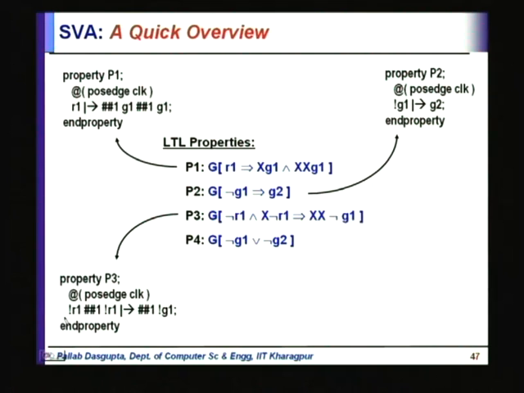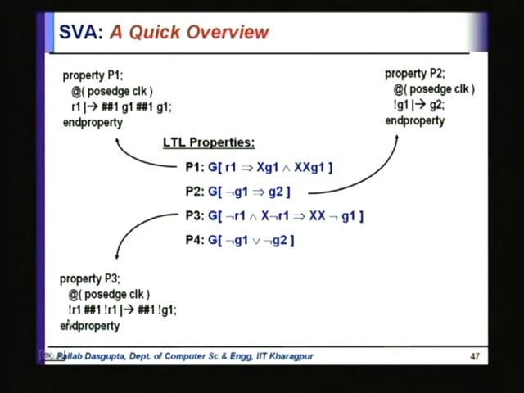At posedge clock not R1. So, what does this say? That if R1 is low for 2 consecutive cycles, then G1 must be low in the next cycle. Now, again look at the interesting thing here, that we have not R1 and then hash 1 not R1.